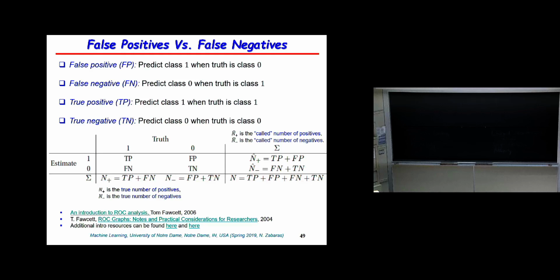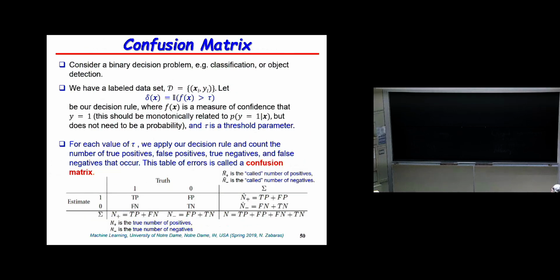So for example, true positive is your estimator gives you that it's true when actually it is true, or here the estimator tells you that it's true when actually the truth is that it's negative, it is 0. So n plus is the true number of positives, n minus, if you sum this column, is the true number of negatives, and n plus hat is how many times you call this to be positive. So it's the sum of this row, and this is the sum of that row. So this matrix is called the confusion matrix.